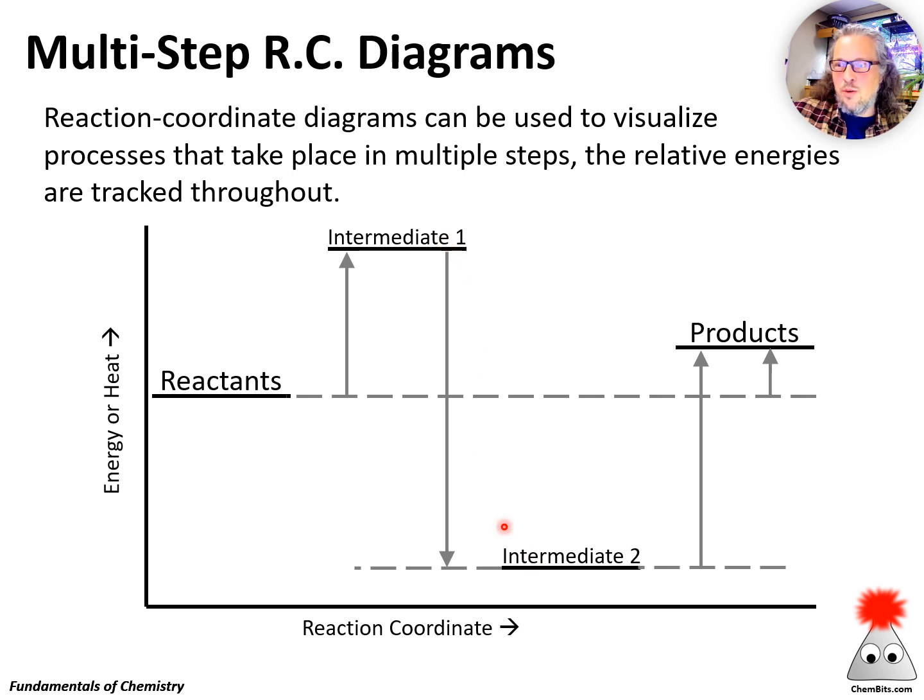Intermediate 1 goes to intermediate 2, that liberates heat, and actually quite a bit according to this picture. But then going from intermediate 2 to products requires heat again. I can look at that stepwise process, or I can just look at the overall process, reactants and products, and my products are a little bit higher in energy than my reactants. This is overall an endothermic process.